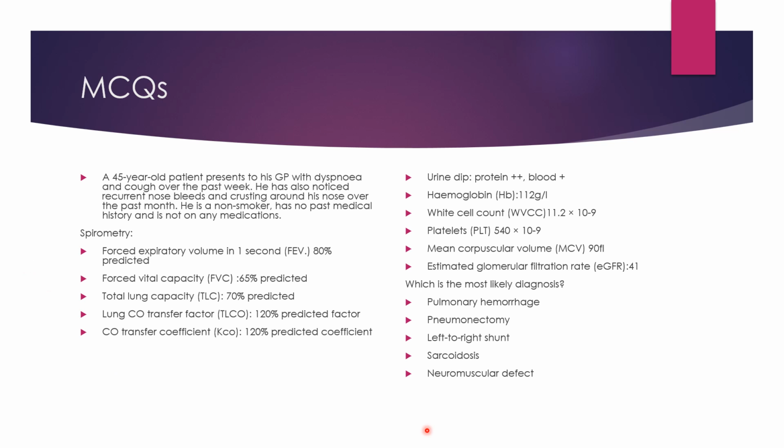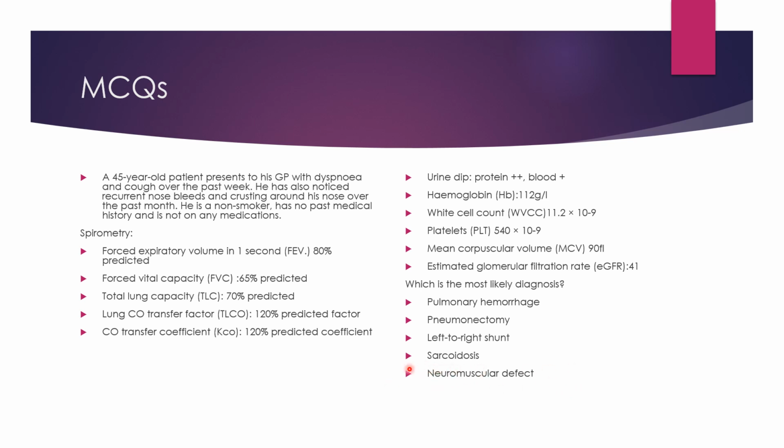I'm sorry, the neuromuscular defect comes under the exceptions, right? So, I also got confused. See, this is how confusing. So, this comes under the exception. So, there will be reduced TLCO with increased KCO, but here the TLCO and KCO went hand in hand, so that is not neuromuscular defect.